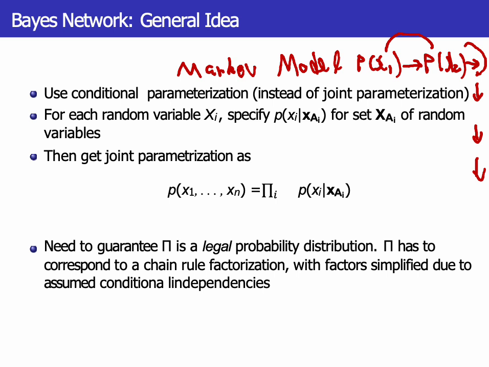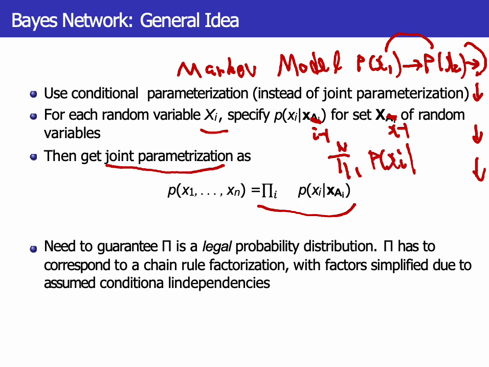So for each random variable, specify P(xi | x_{i-1}). And you get the joint parameterization, for example, the product for i from 1 to n of P(xi | x_{i-1}).